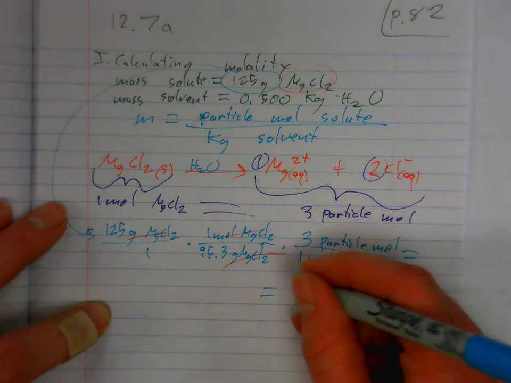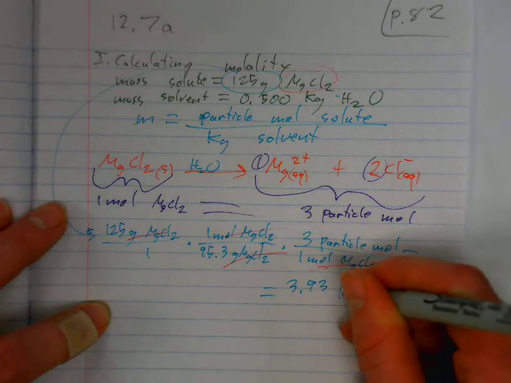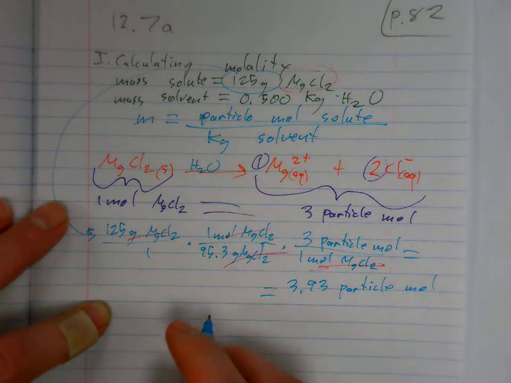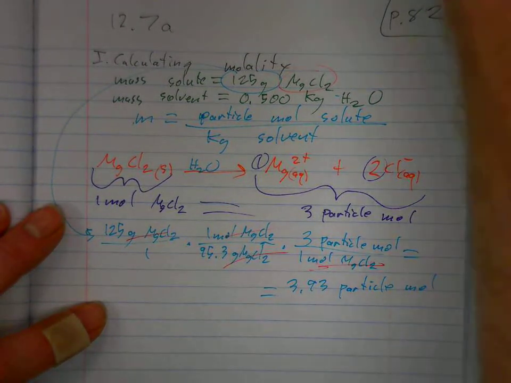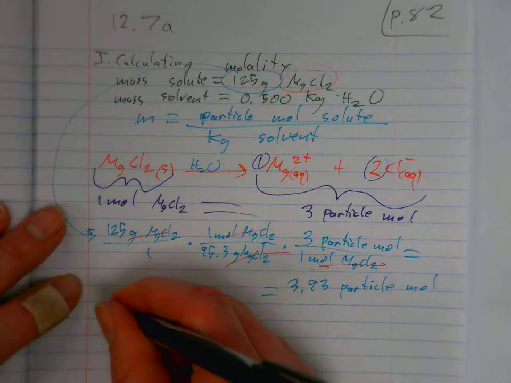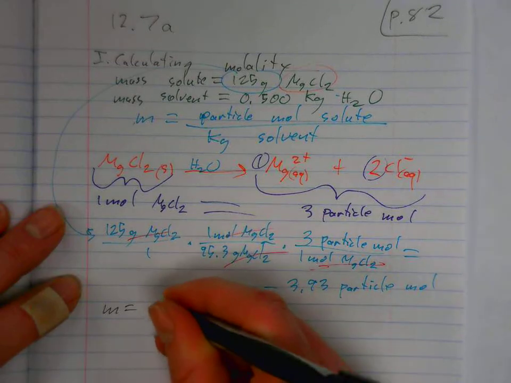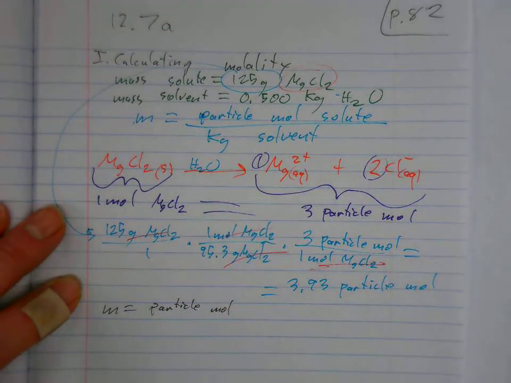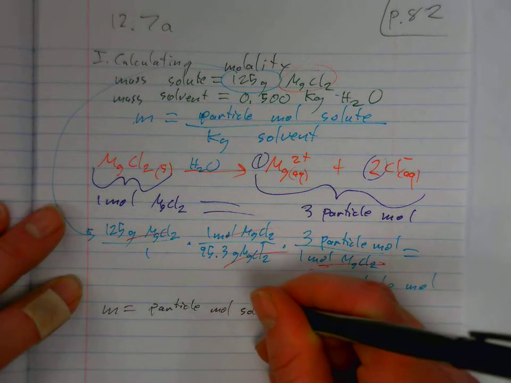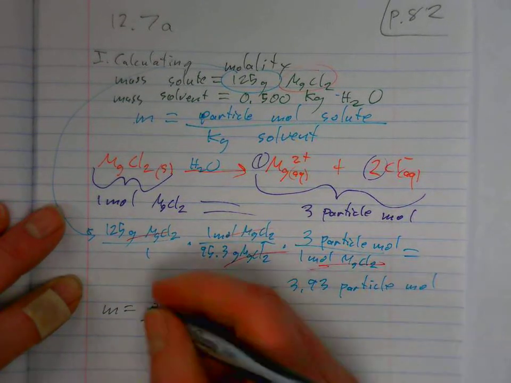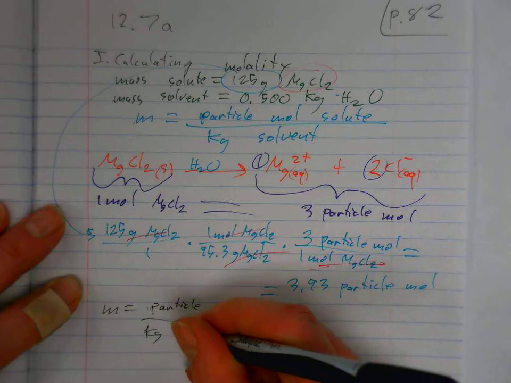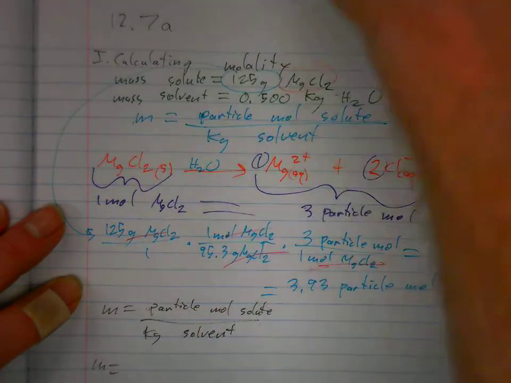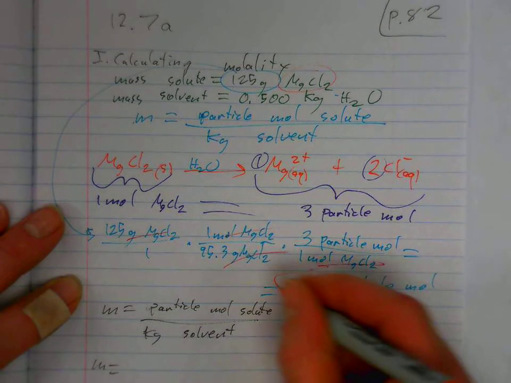Now the last step is we plug that into the molality equation. Molality, again, is particle moles of the solute divided by the kilograms of the solvent. So the particle moles we just found, we just plug that in. And the kilograms of solvent was given to us in the problem as 0.5 kilograms.